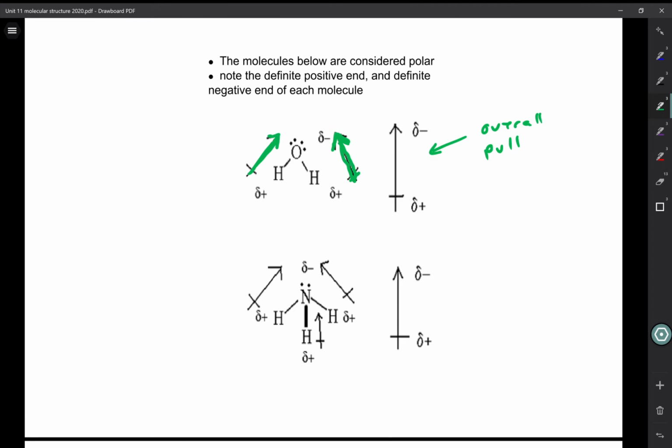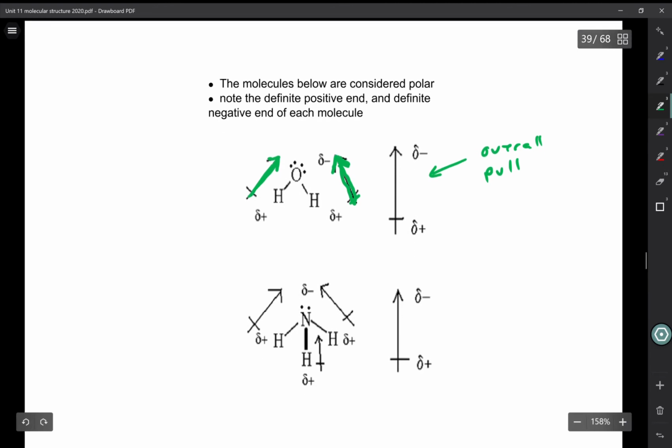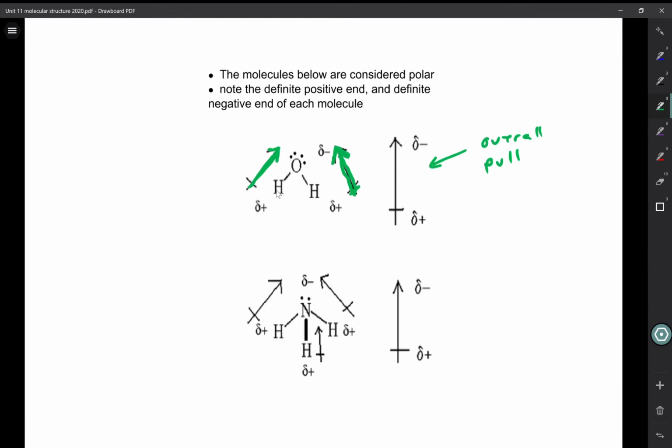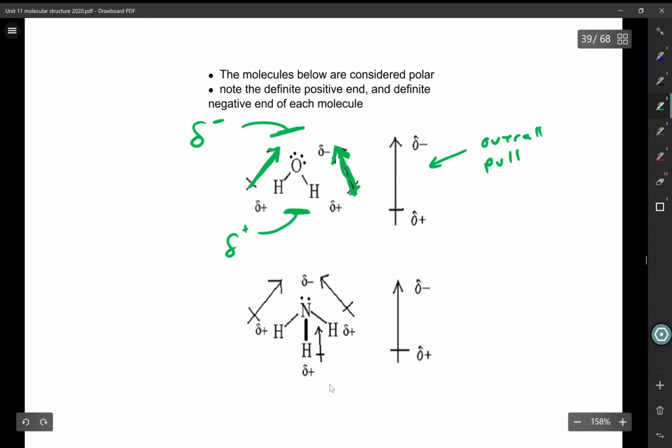So what that means is, since the electrons are getting overall pulled towards the oxygen, that is your partial negative end, and your hydrogens are your partial positive end. So water is a polar molecule, negative on the oxygen side, positive on the hydrogen. All right, same thing down here with NH3.